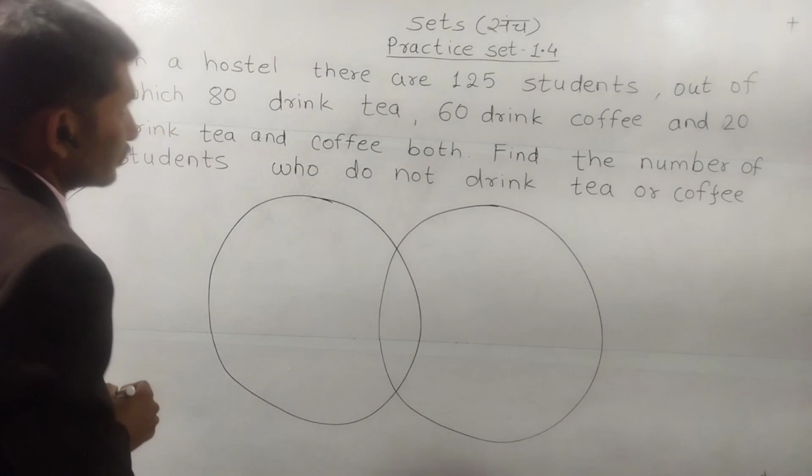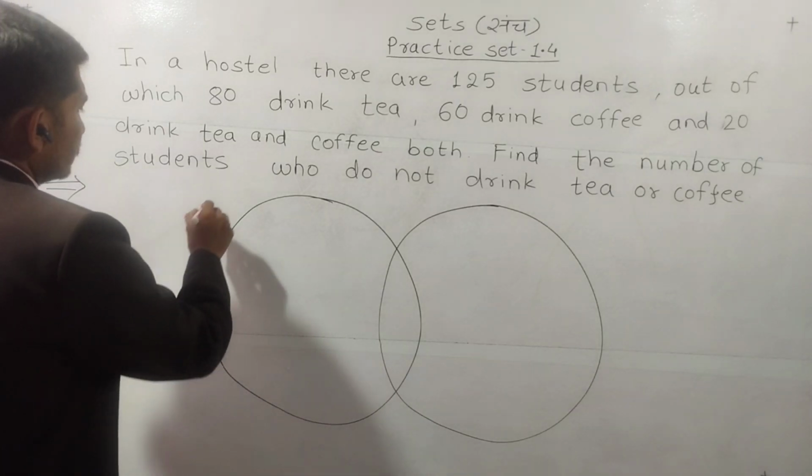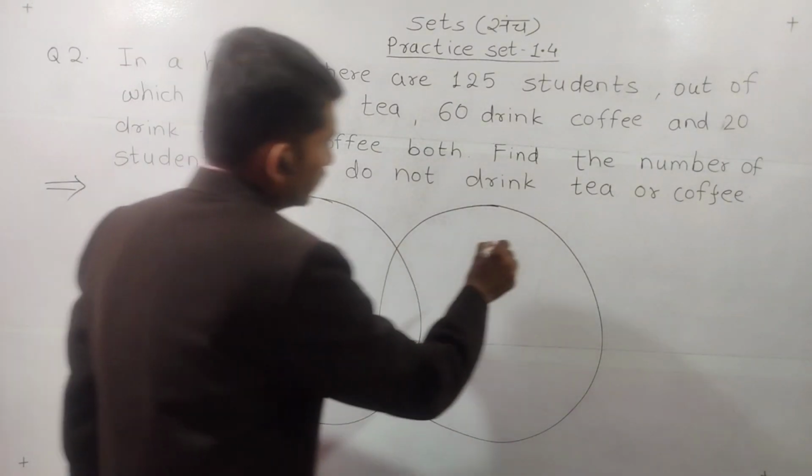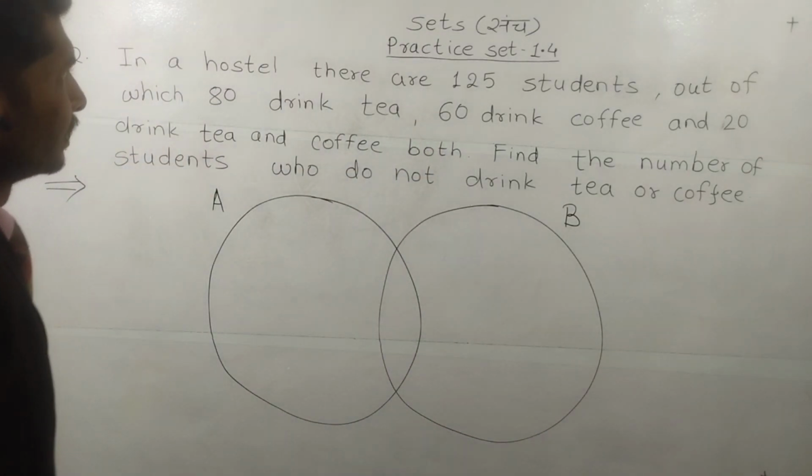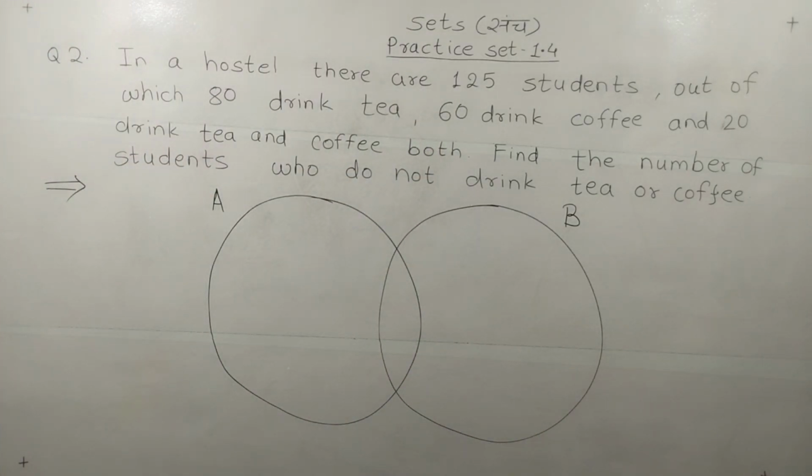Okay, so this is the set A, whereas this is the set B. Now, in a hostel, there are 125 students, out of which 80 drink tea and 60 drink coffee, and 20 drink tea and coffee both. Find the number of students who do not drink tea or coffee.